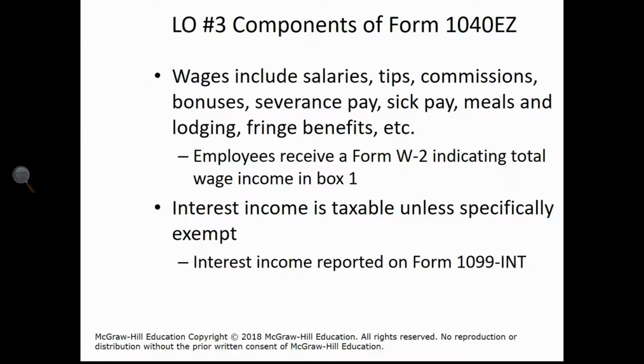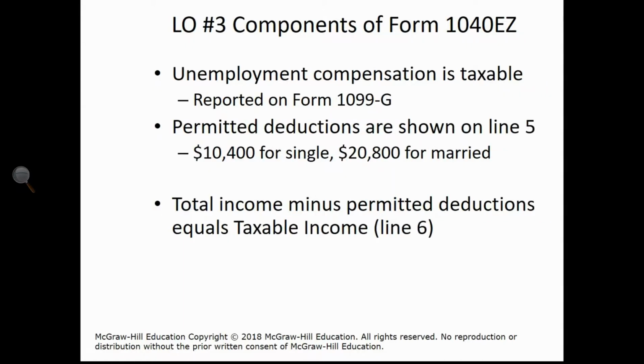If we had interest income, then financial institutions, for example, would send us a 1099-INT, and if we have enough interest income, we have to report that. Unemployment compensation, if we were laid off, for example, and we received unemployment benefits, we'd have to report that, and we'd get a form from the state, usually from the state of Wisconsin in our case, on 1099-G.